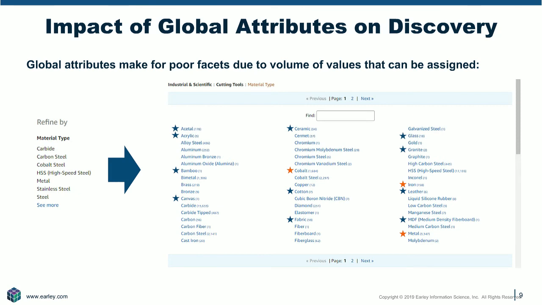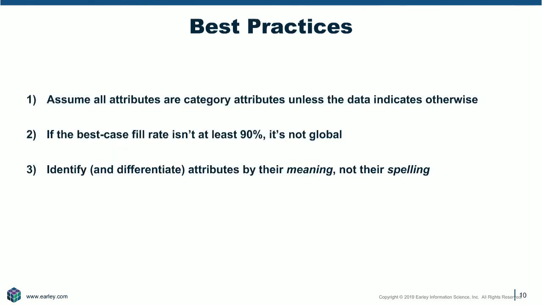So how can we manage our global attributes? Let's look at some best practices. Number one, you don't want to default to global. You want to start all your attributes as category-specific attributes, and then let the data tell you when it's appropriate to convert to a global attribute. And if the best case fill rate isn't at least 90%, it's not global.